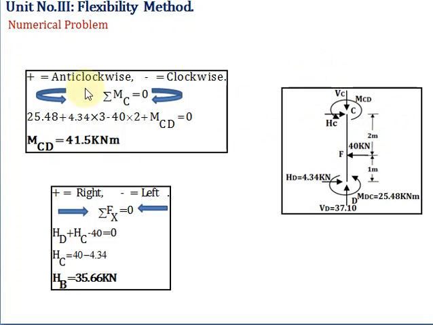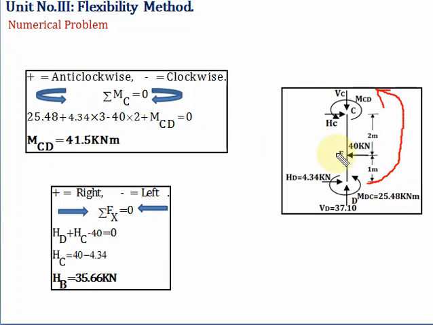To find these unknowns, we have to use the equilibrium conditions. So we'll apply the first equilibrium condition, that is moment at C equal to 0. Consider anti-clockwise positive, clockwise negative. So here the MDC is acting in the anti-clockwise direction, so 25.48 plus 4.34, acting in the anti-clockwise direction again, so plus 4.34 into 3.